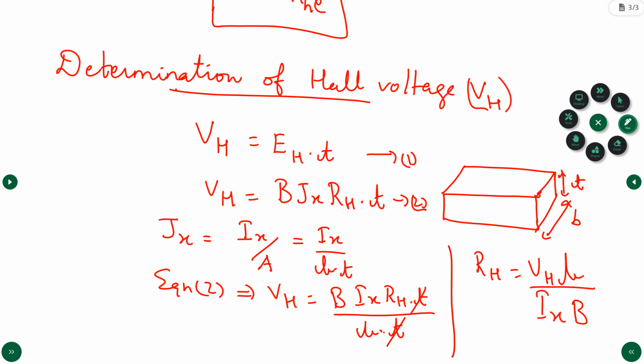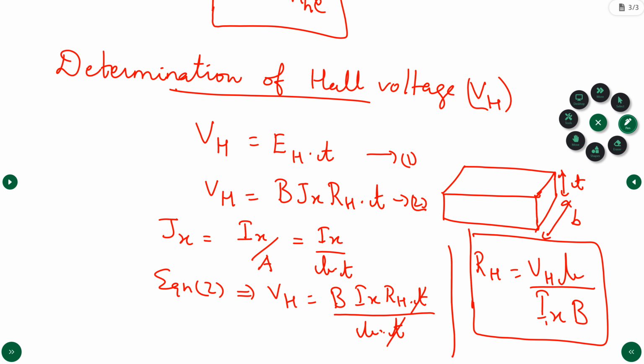So by knowing these values, Hall voltage, okay, voltage generated in the voltmeter, then the breadth, that is a known value. Then the current flow, what is the current passed through that? By using ammeter you can find that. And what is the magnetic field passed through that? That also you can find. Okay, these are known values. By knowing these values you can find the R_H.